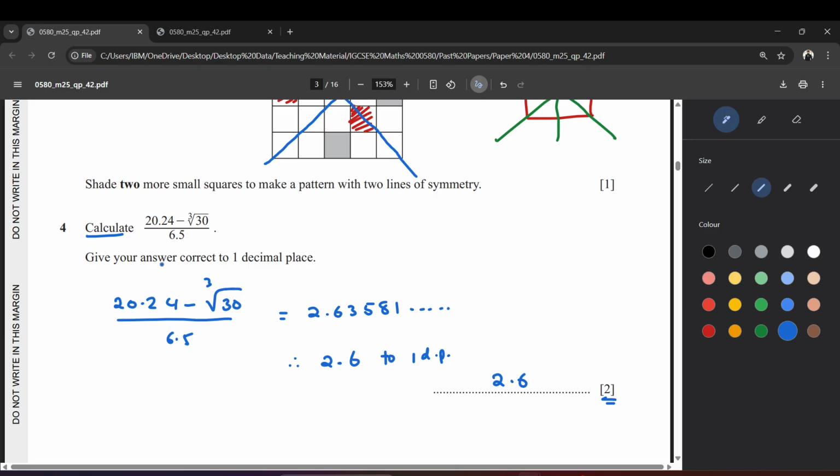Every question that requires your answer to be in a particular degree of accuracy means that first you have to show some greater digits, and then you have to round it off according to what they have asked you. So if the question was to give your answer to 2SF, you will give your answer to 4SF and then show that the rounding will give you 2SF.